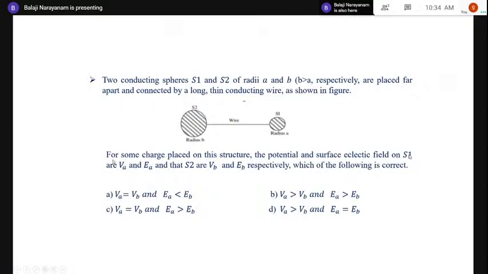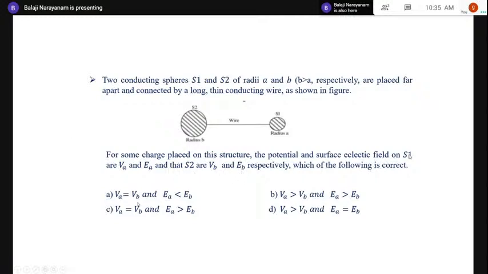And now the question asked is, for some charge placed on this structure, the potential and surface electric field on S1 are given as VA and EA. So the potential on S1 is VA and the electric field intensity is EA. Similarly, the potential on S2 is VB, and the field intensity on the second sphere of radius B is EB respectively.